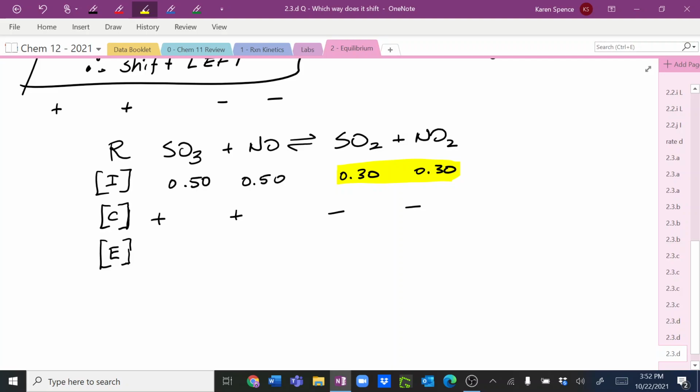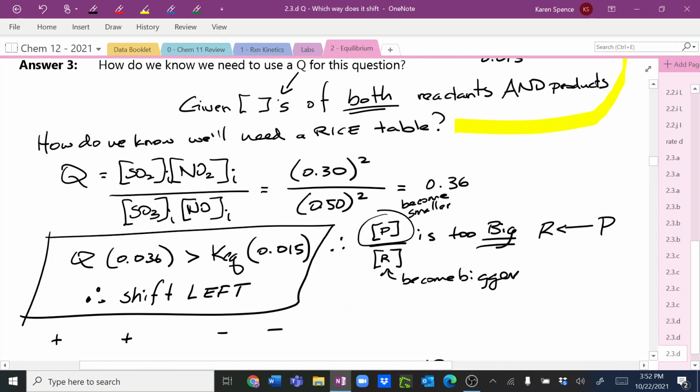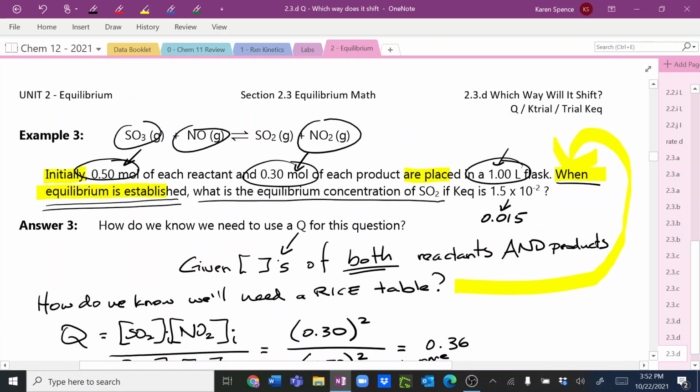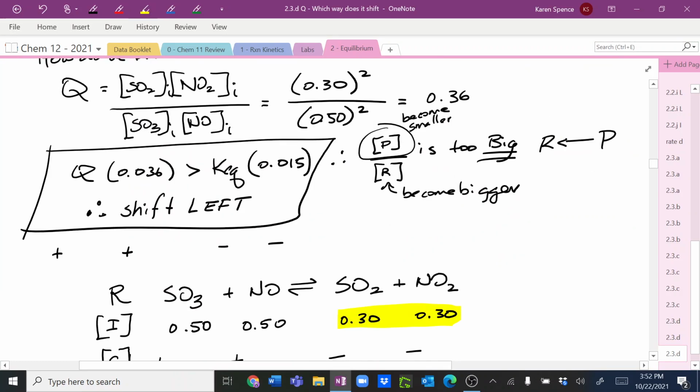All right, and equilibrium. Now, we are being asked for an equilibrium concentration, and that means that our unknown is going to be the amount of change that we get here.